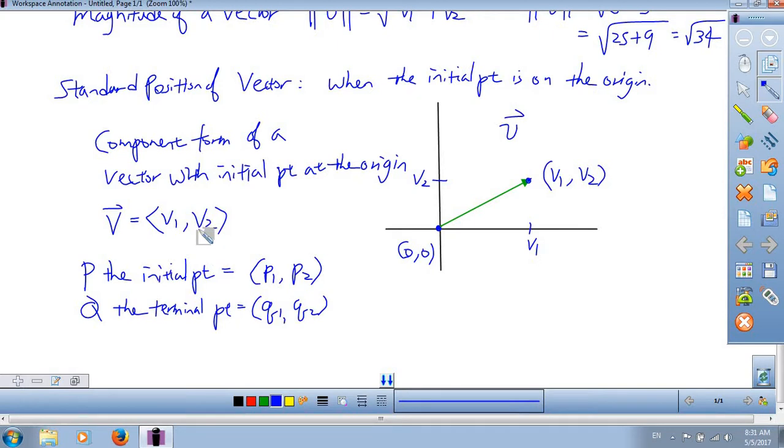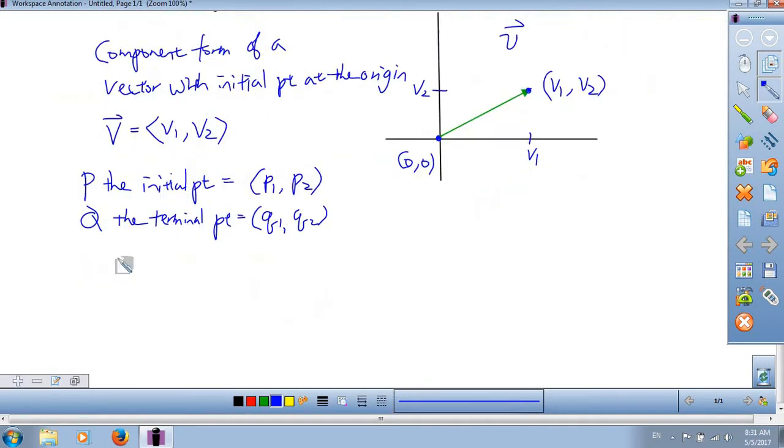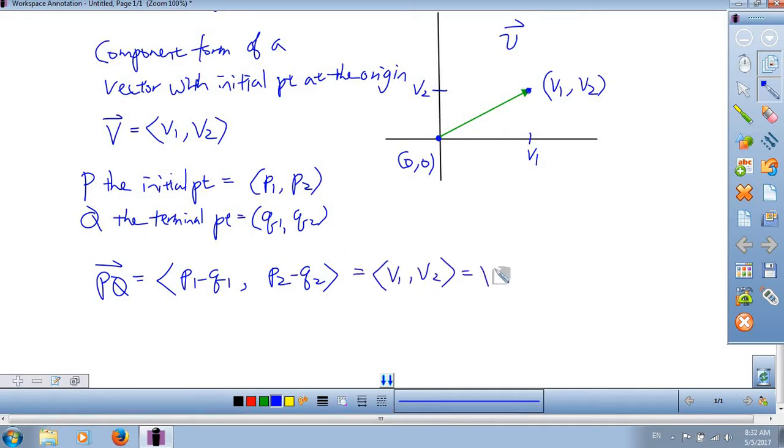Then how do you find v? Vector pq would simply be p1 minus q1 for the x component and p2 minus q2 for the y component, and this can be set equal to v1, v2, which is v.